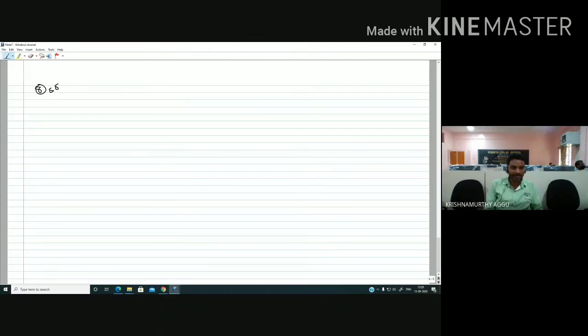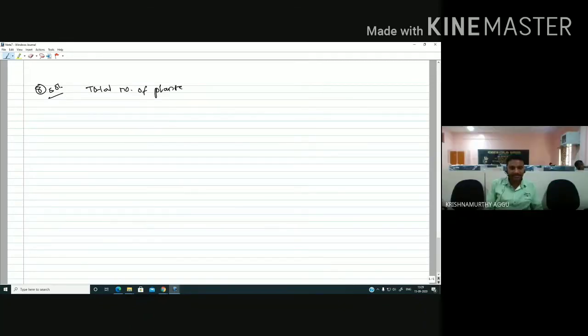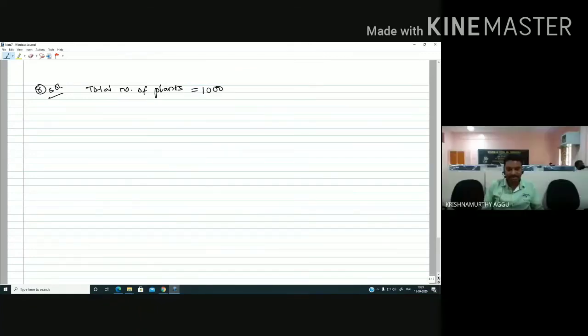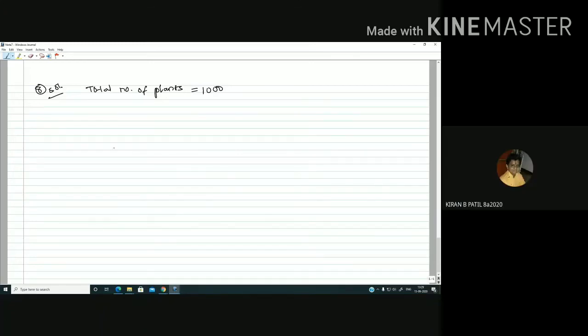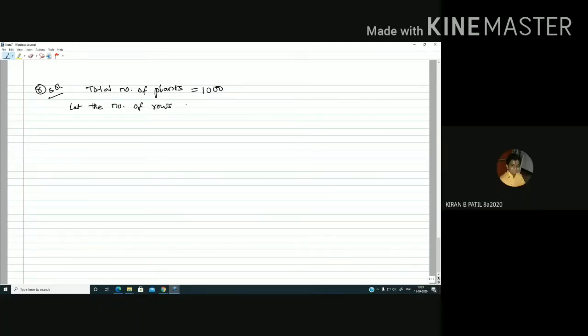Yes, you can follow. So what is the total number of plants? How many plants are there? 1000. 1000 plants are there. As per the question, the number of columns and number of rows are equal. Let the number of rows be equal to x.